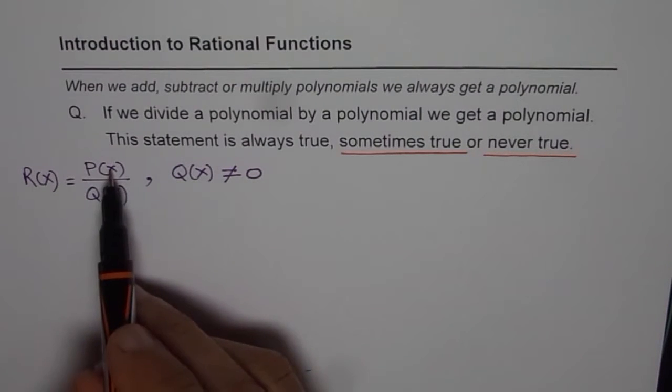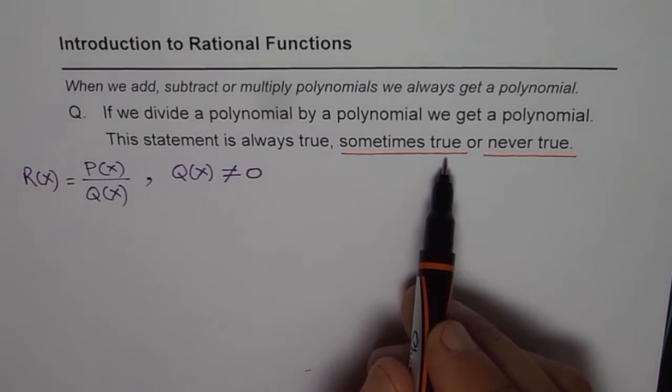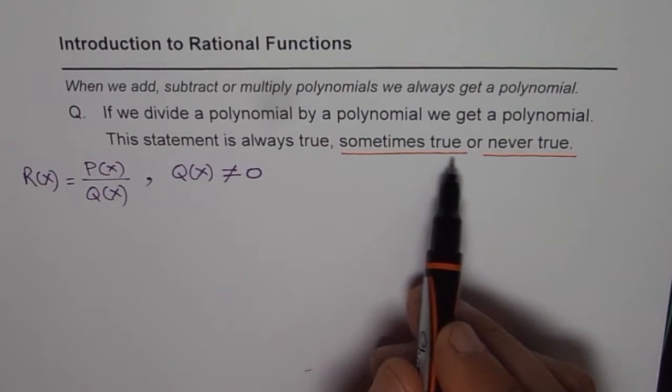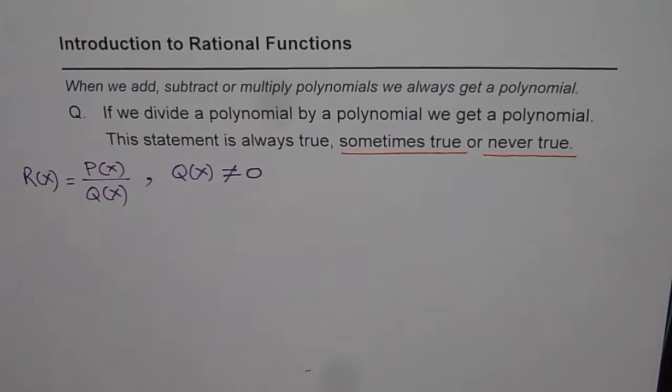If I divide a polynomial by another polynomial, will I sometimes get a polynomial, or never? That is the question. Now we'd like to answer this question. So I'm taking up a solution from my student, and then we'll further discuss this in this video. Now this is very important, and I've seen many students making this mistake.